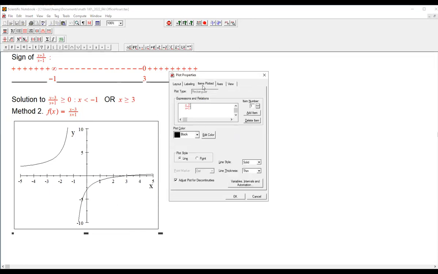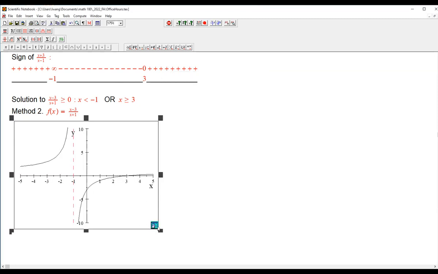The vertical asymptote, I make it the red broken line, meaning the curve never touched it.